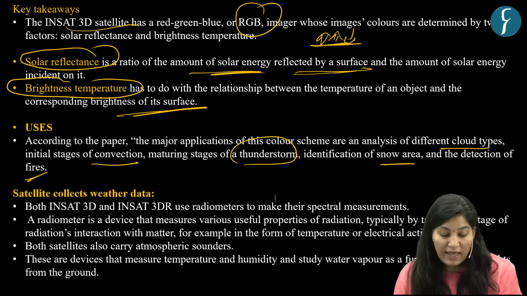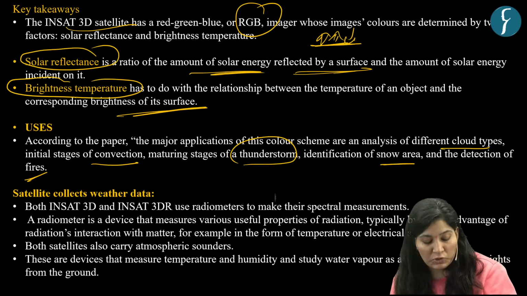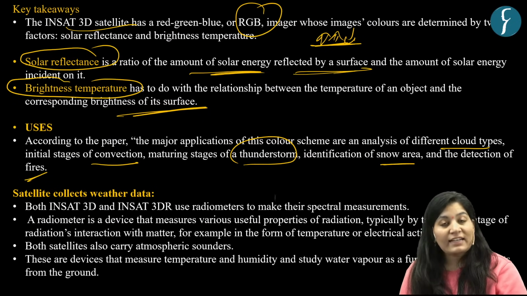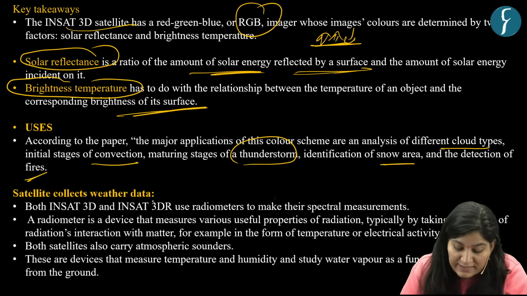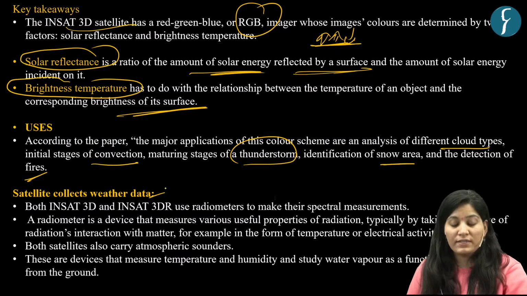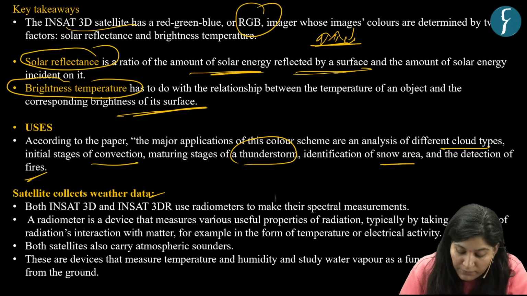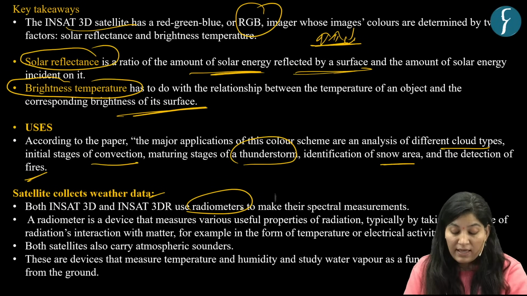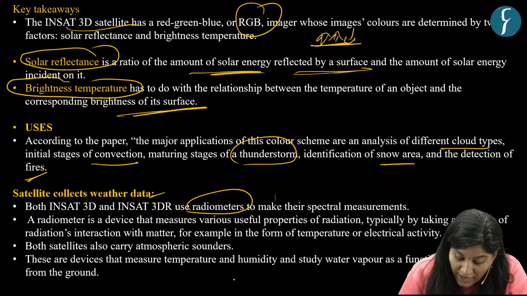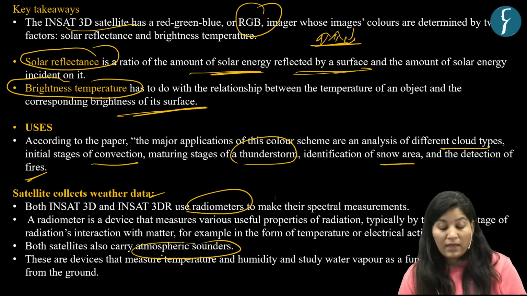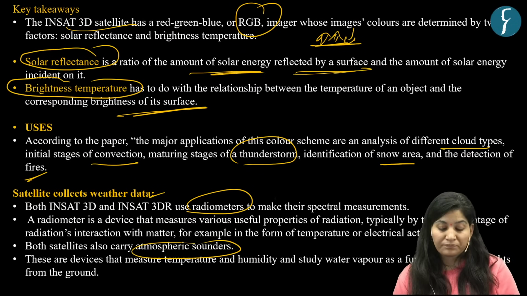Got it? Now, according to this research paper, the satellite collects weather data, and this data is based on 2 measurements. First, use of radiometers. Second, use of atmospheric sounders. Now, what are radiometers?